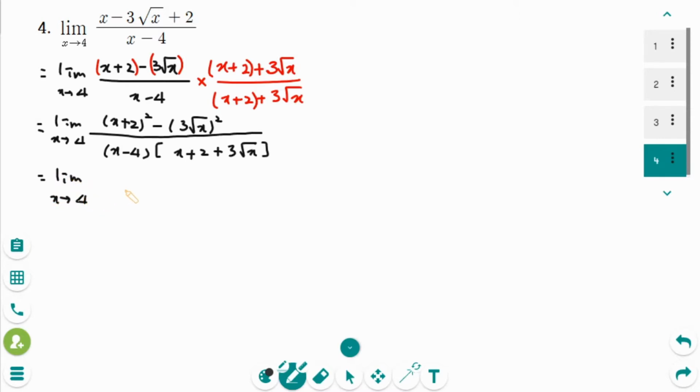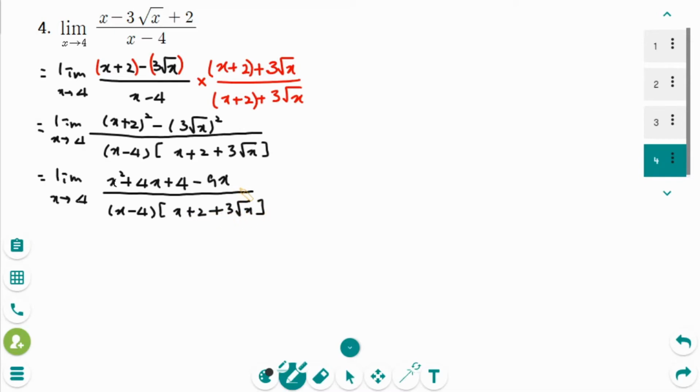Then simplify the numerator. This is x squared plus 4x plus 4 minus, this means 9x, over (x minus 4)(x plus 2 plus 3 square root of x).